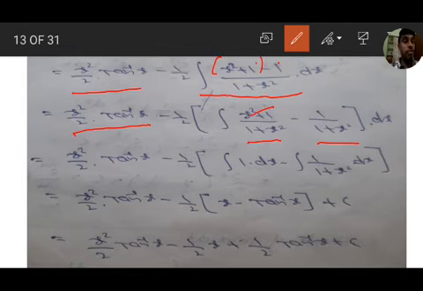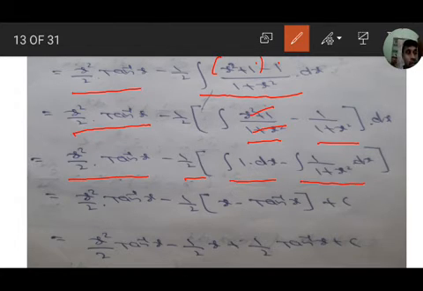The x square plus 1 and 1 plus x square cancel out, giving 1 into dx. So x square by 2 into tan inverse x minus 1 by 2 into integration of 1 dx minus integration of 1 by 1 plus x square dx.